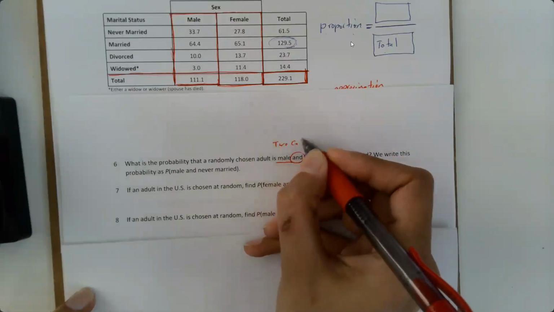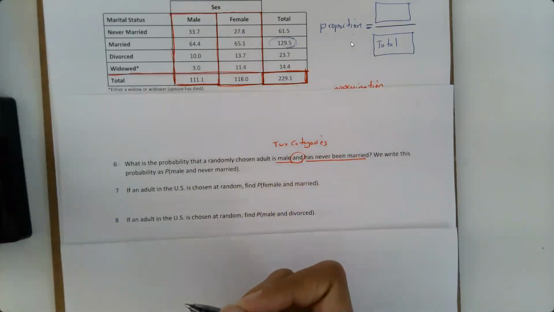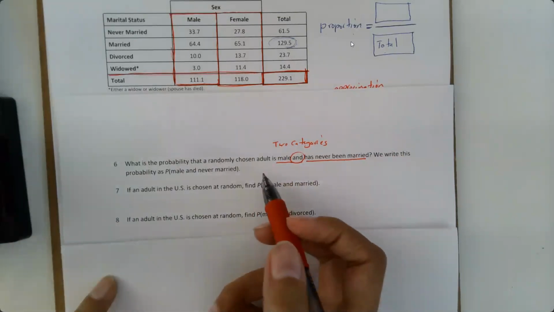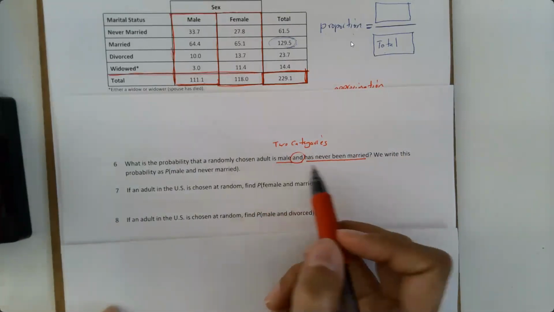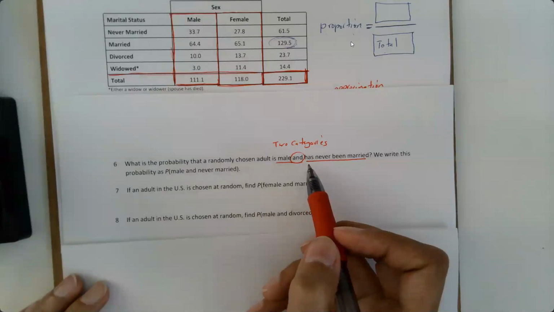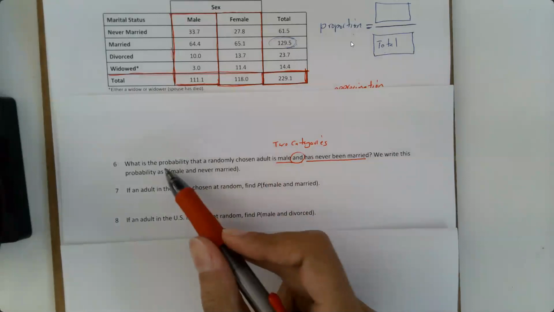Based on the definition of joint probability, we are dealing with a probability which is different from marginal probability. How do we calculate this probability?